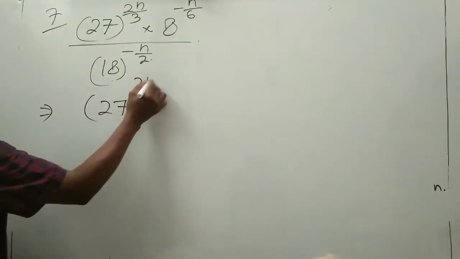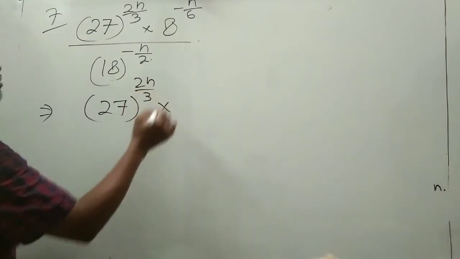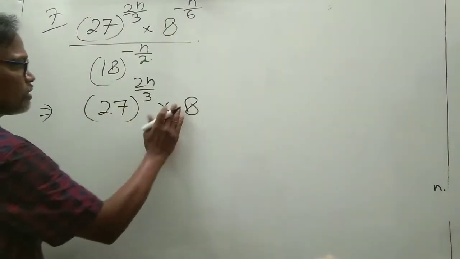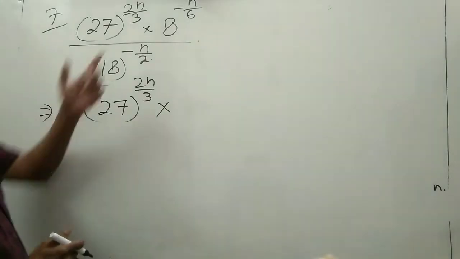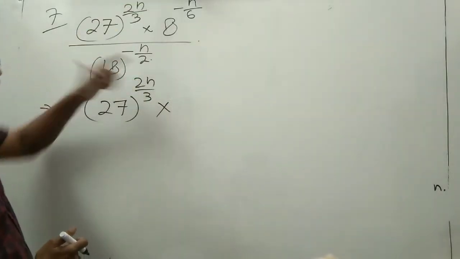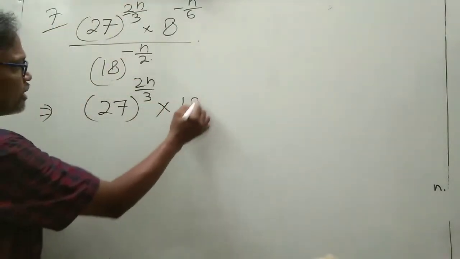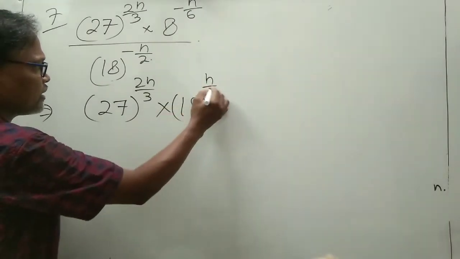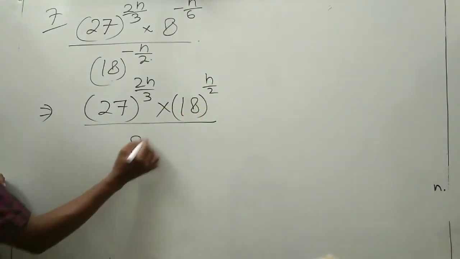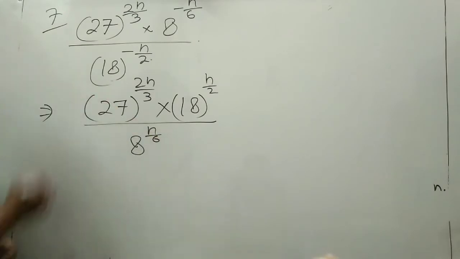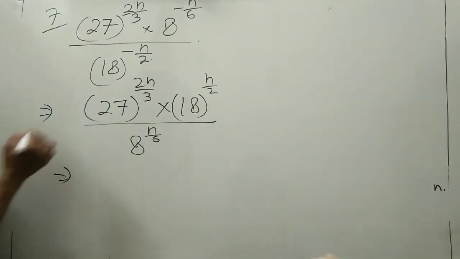Because here two numbers have a negative power. So 27 to the power 2n by 3 into 8. How will you write it? Only write this in the denominator and this in the numerator. So 18 to the power n by 2 you can write upon 8 to the power n by 6. Now change into prime factors.